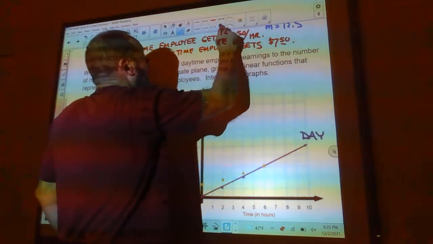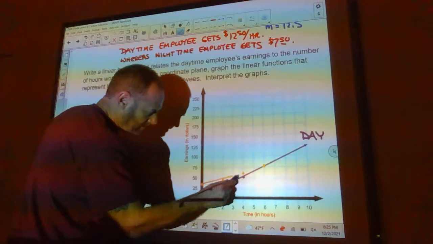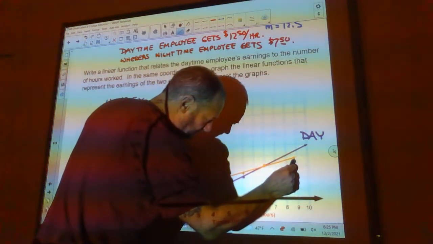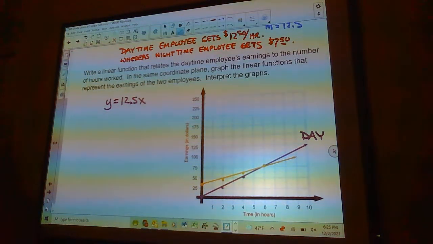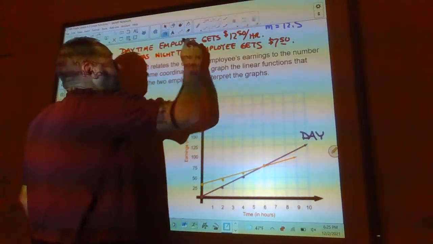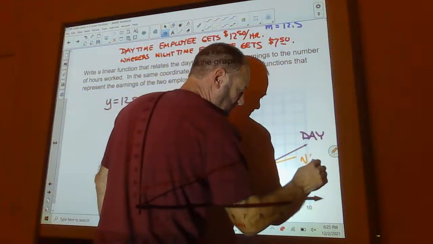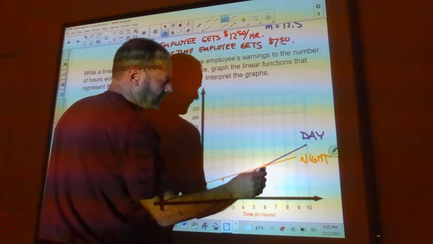So I go make an orange line right here. So if you work 6 hours or less, it's better to be on the nighttime program. 6 hours is your break-even point right there.